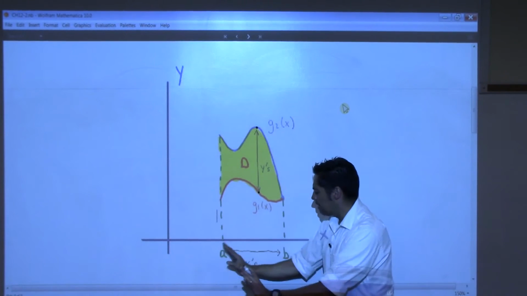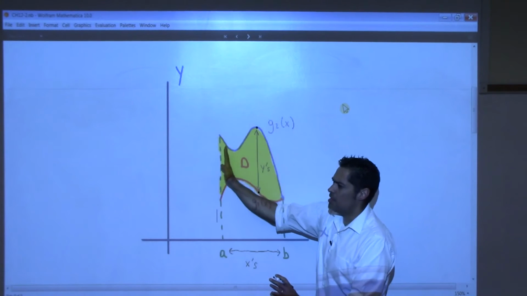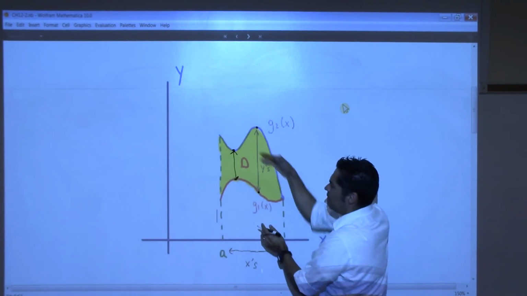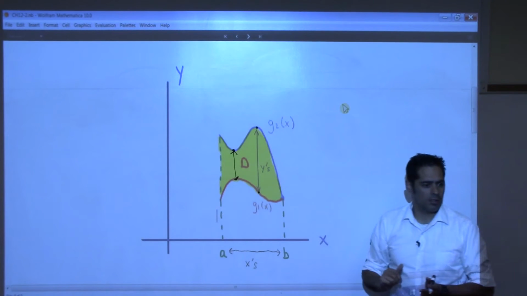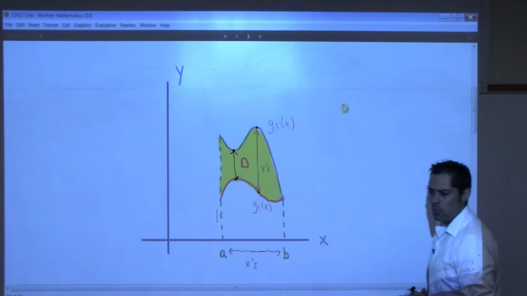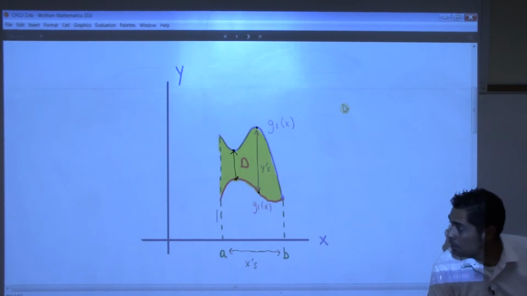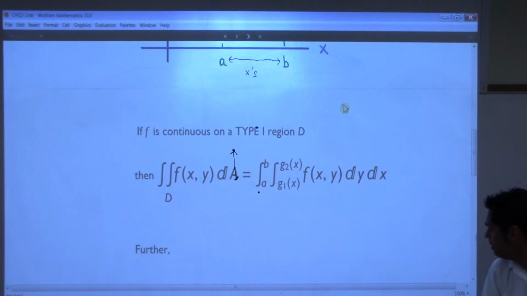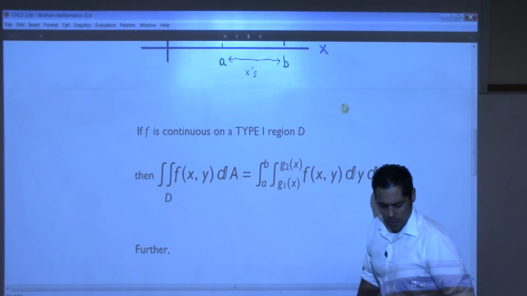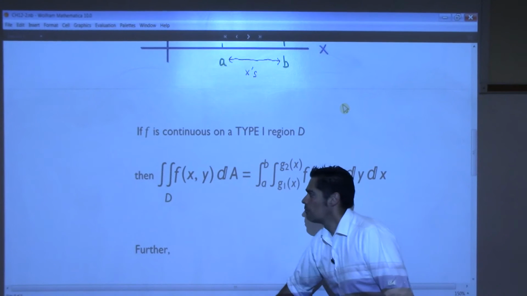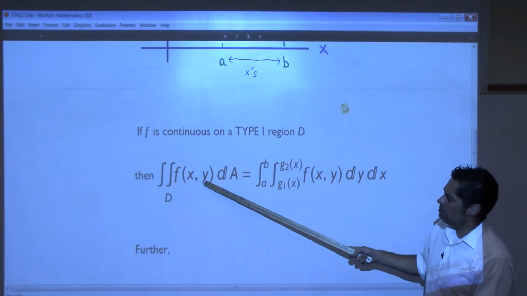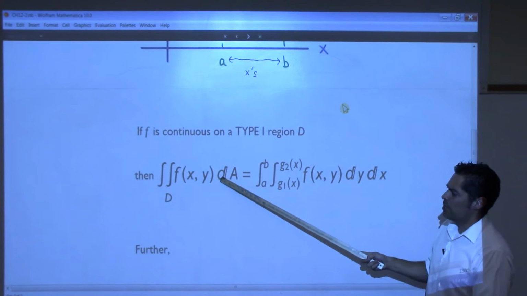So if I move x between a and b, it moves this line over. And again, it's the same function on top, same function on bottom the whole time. Yes? Any region that looks like that is called a type 1 region. And to integrate a type 1 region, we're going to do a double integral over the region D of the function f of x y with respect to what?